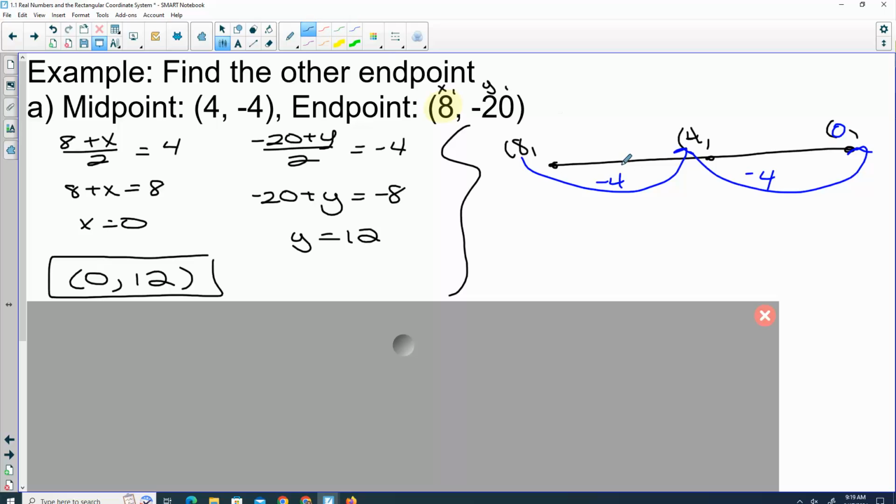Right, so if we think about our y's, we start at negative 20. The midpoint was negative 4. Where will it end? So if you have negative 20, what do you have to add or subtract to get negative 4?